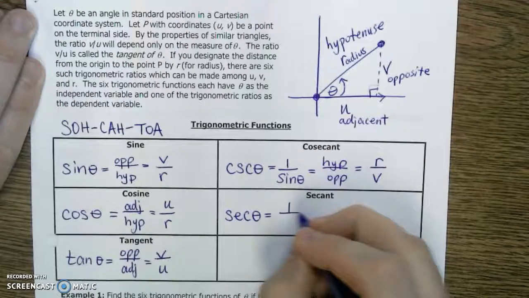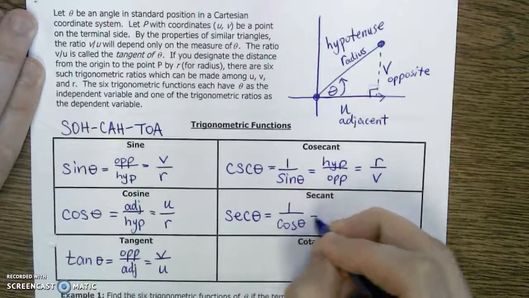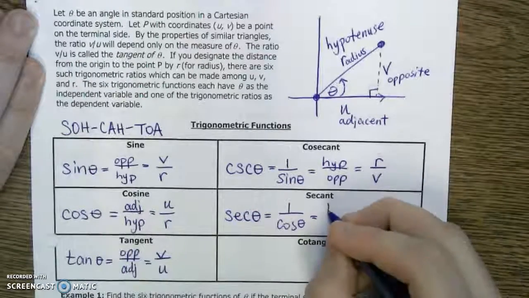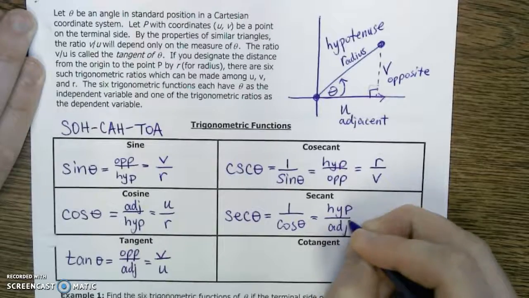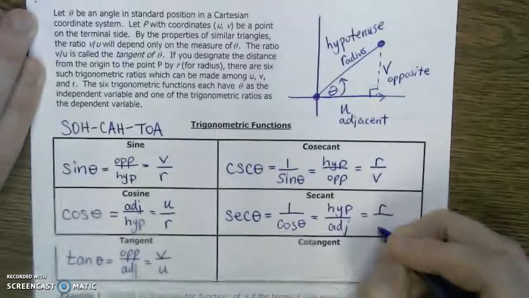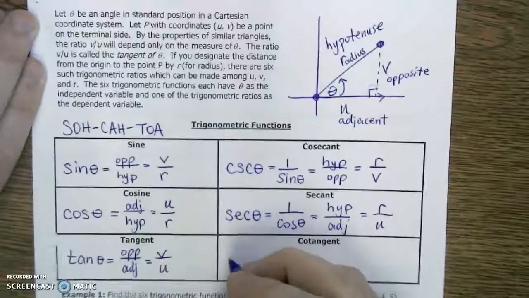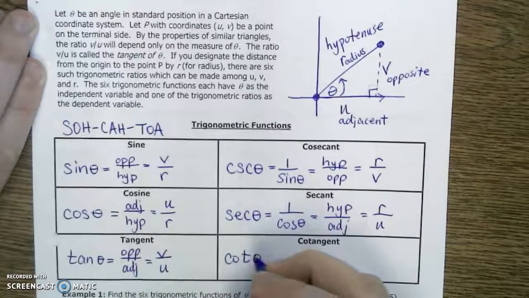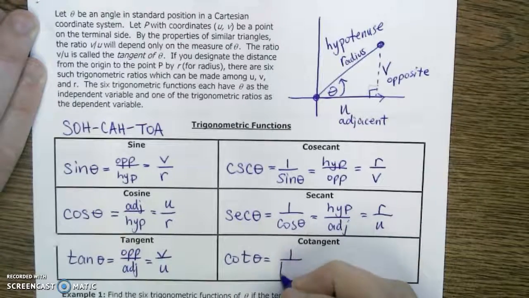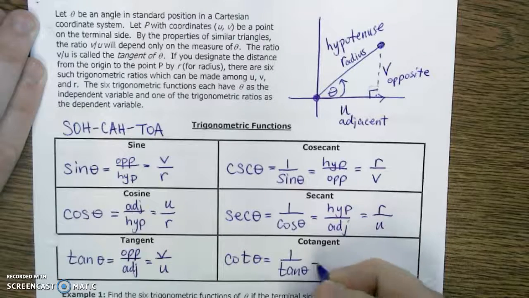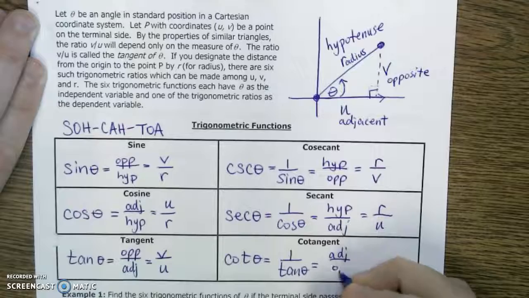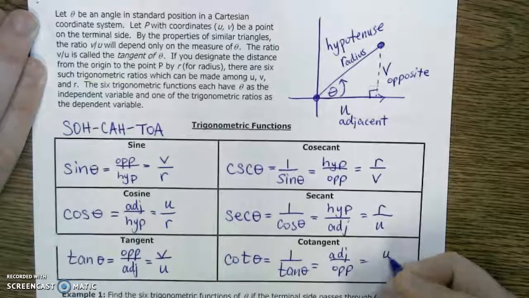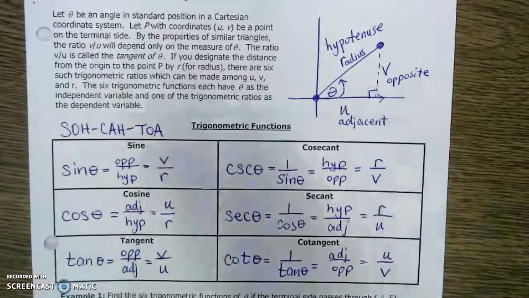That's 1 divided by cosine, or cosine upside down, so hypotenuse divided by adjacent. In the picture, R divided by U. Cotangent, which is abbreviated COT, is 1 divided by tangent, which is tangent upside down, adjacent divided by opposite, which is U divided by V.